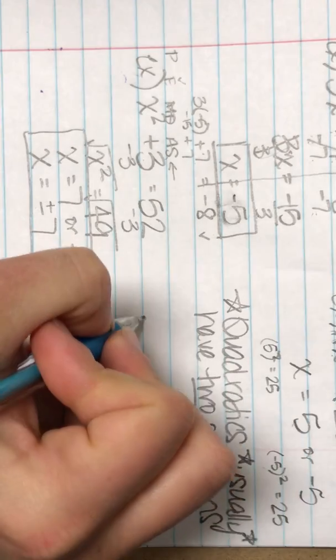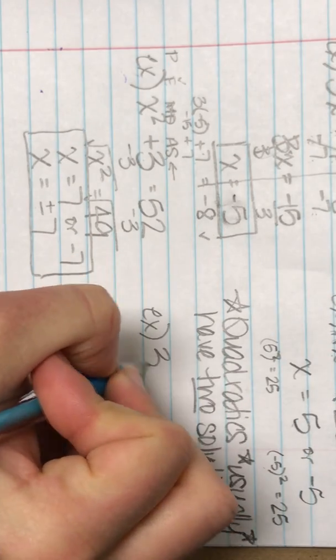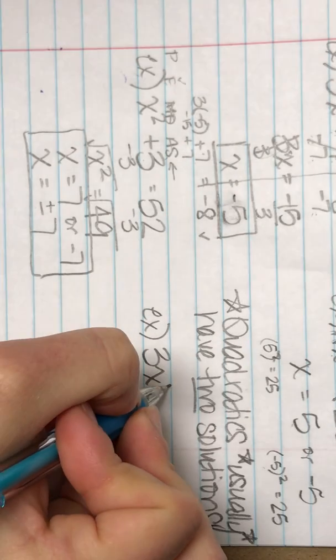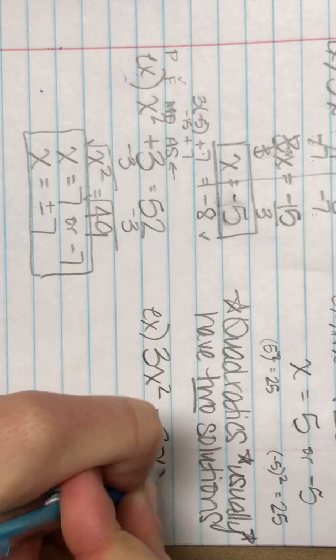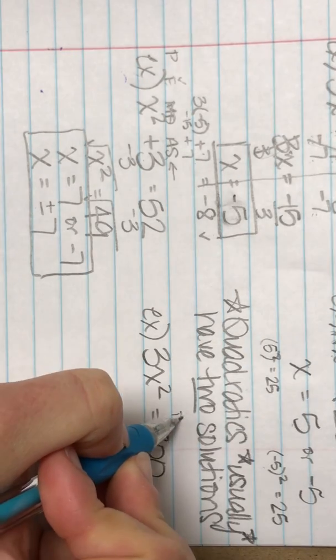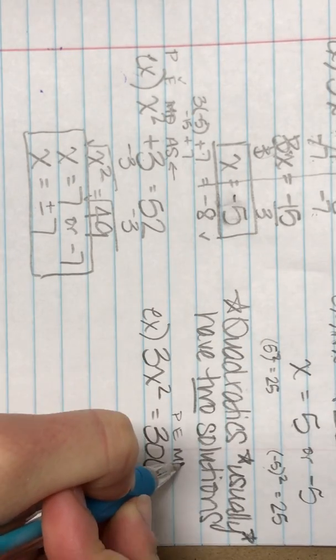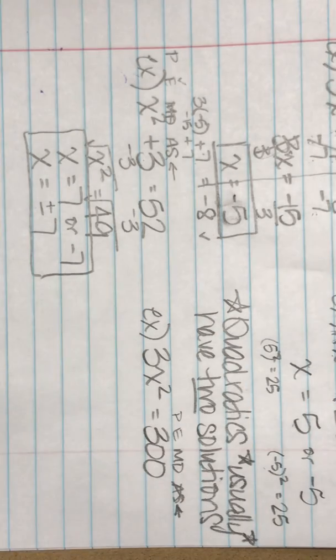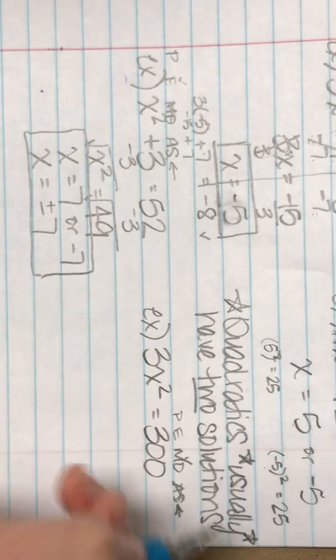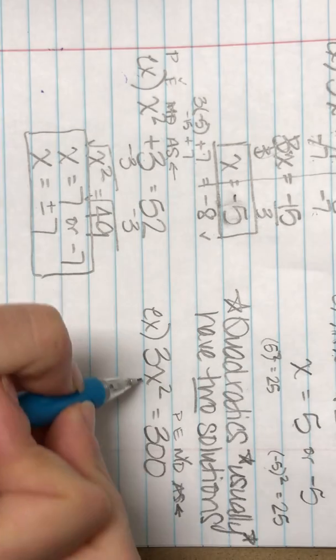If I go with 3x squared equals 300, I'm going to do my PEMDAS because I'm going backwards. So in this case, I don't have any addition and subtraction happening. I'm going to do the multiplication and division inverse.